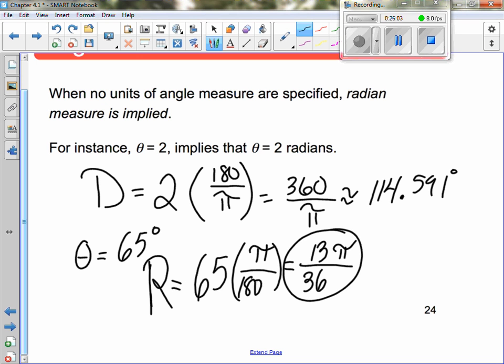But that's it. Questions on this here? So converting from degrees to radians and radians to degrees, we're good? Because those aren't bad.